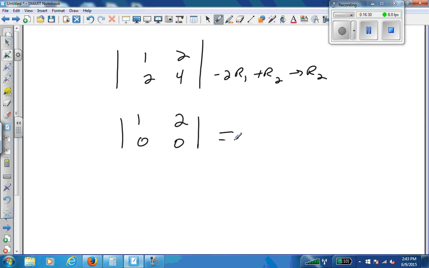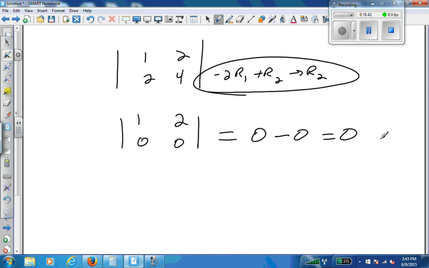And when we calculate this determinant, we get 0 minus 0, which is 0. This is the same value as our original determinant because we just did a multiple of one row plus another one. So this determinant is also 0. So anytime one row is a multiple of another row, or if one column is a multiple of another column, your determinant will always be 0.